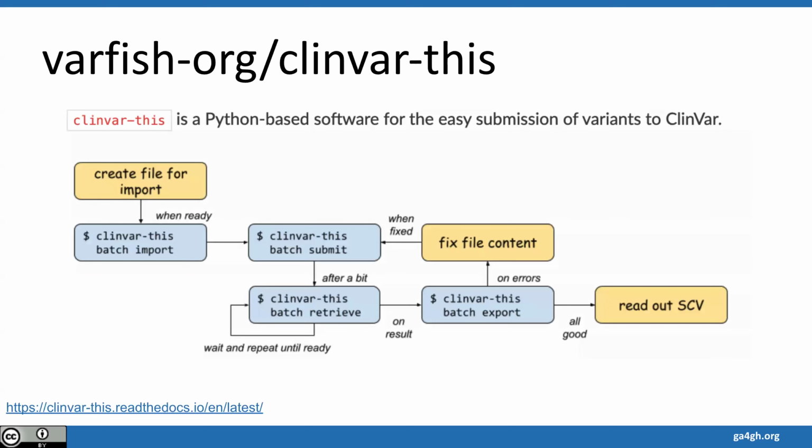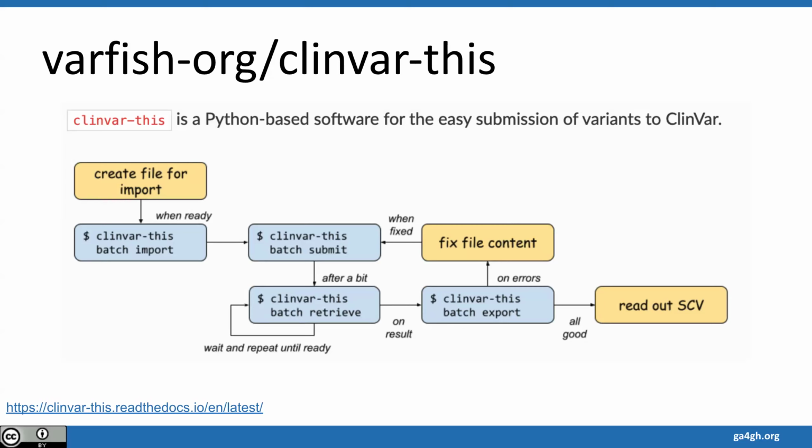After a quick Google search, I stumbled upon varfish.org ClinVar This, a Python-based software for the easy submission of variants to ClinVar. It provides both a Python API and a command line interface. It already leveraged Pydantic, which is a big one for us because we love Pydantic for its validation. It's also pretty well documented, which is always great when getting familiar with new tools. Most importantly, ClinVar This had all the submission work done for us.